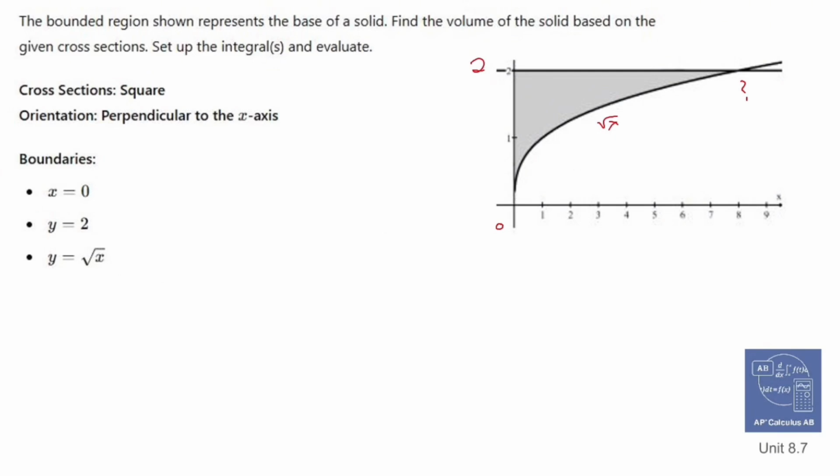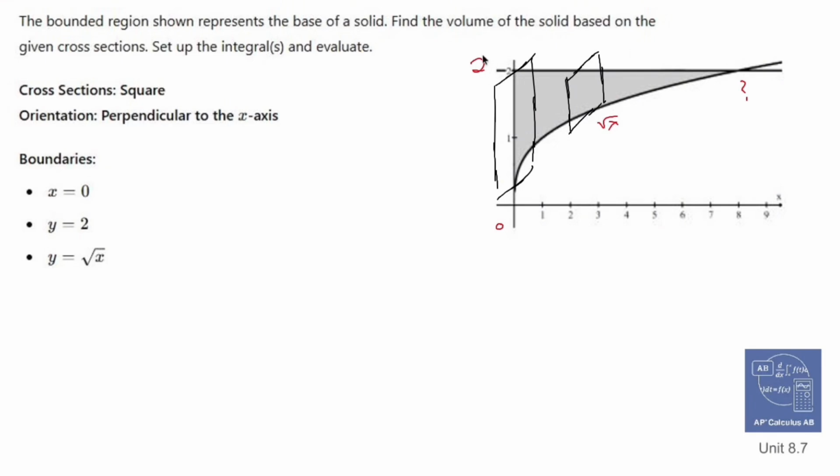All right, so by doing cross-sections of squares, we are creating a bunch of squares all throughout this whole thing. And we care about finding the area of these squares so that we can integrate that to find our volume. Now what I have to focus on is what are the side lengths of each square?